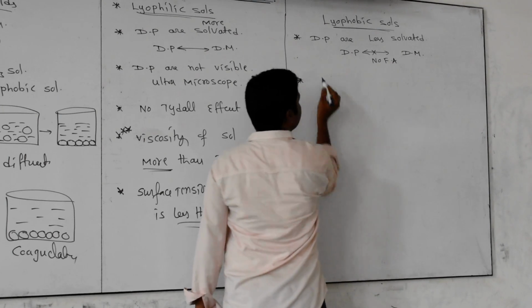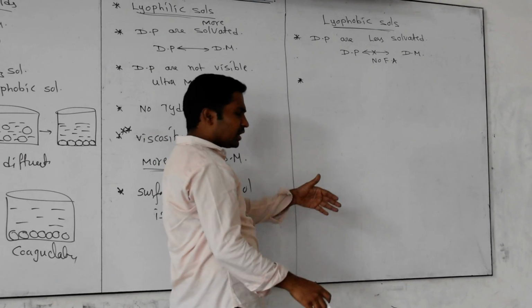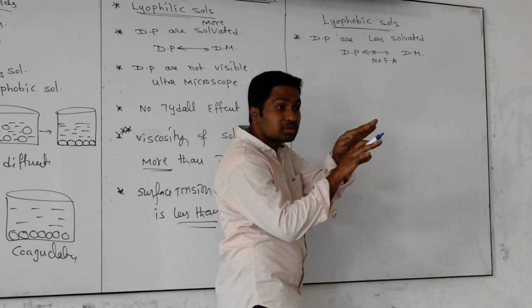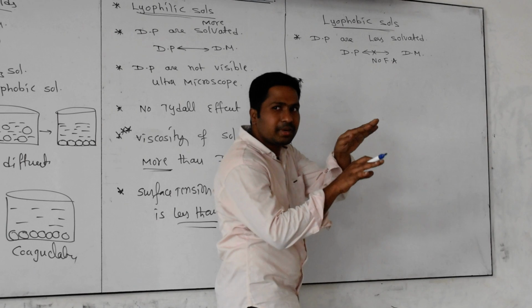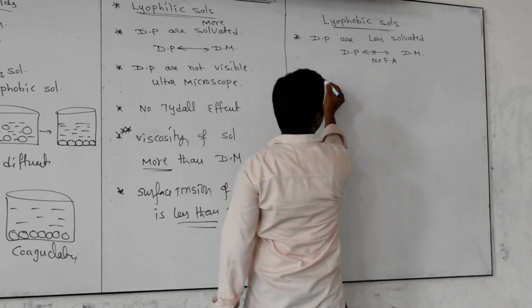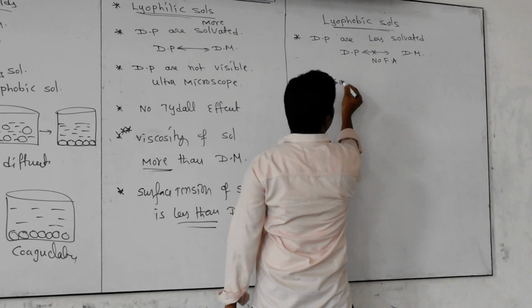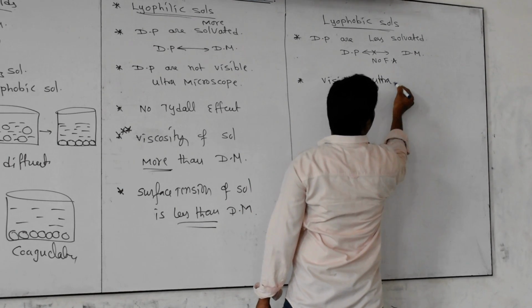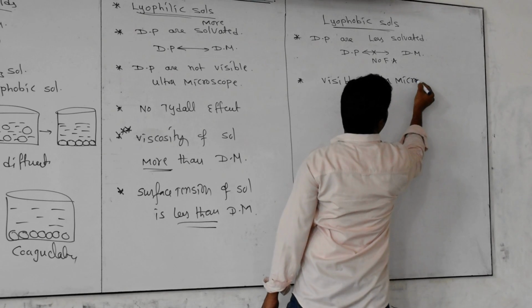Then what happens? They can't mix completely with the dispersion medium. They are almost separated, but not completely separate. That's why they can be visible. These particles are visible under an ultramicroscope. Yes or no?